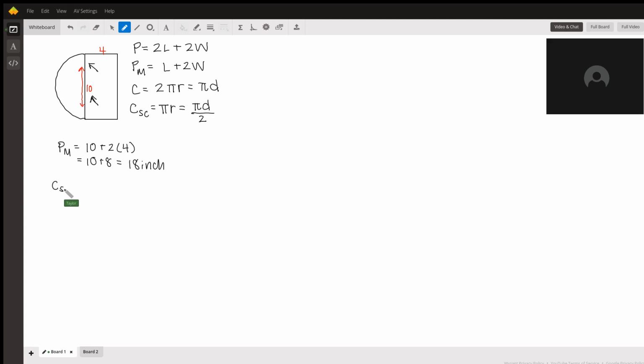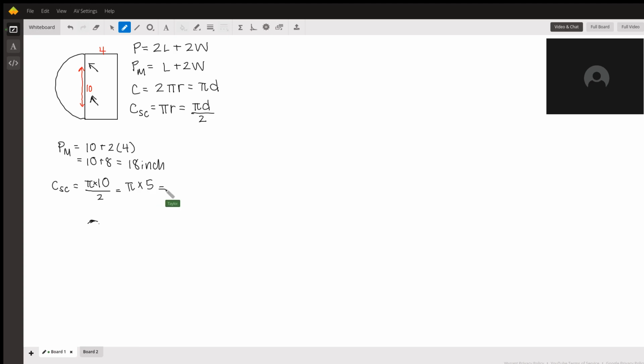And the circumference of the semicircle, we're going to plug in what we have. We know that the diameter, it told us in the question that the diameter of the semicircle is the same as the length. So the diameter is 10. So we're going to do pi times 10, which is the diameter, divided by 2. So we'll simplify it first before we implement pi. So that's going to be pi times 5.